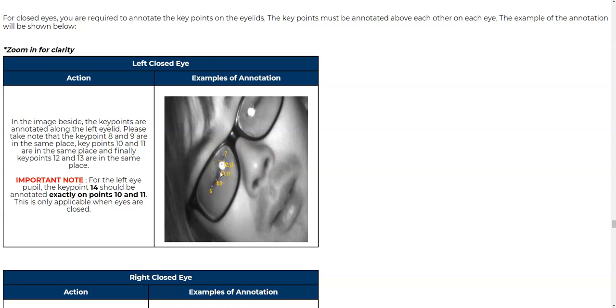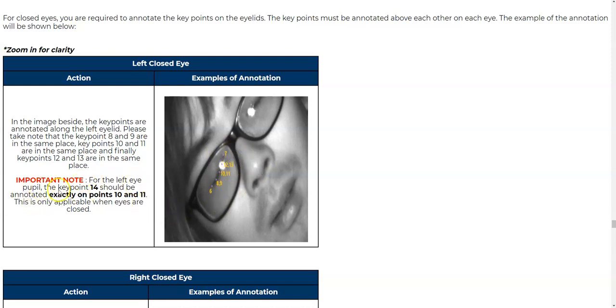Key points 10 and 11 are placed on the same place. Key points 12 and 13 are placed on the same place. Right? And as usual, the distance between key point 6 and 8, key point 8 and 10, key point 10 and 12, key point 12 and 13 should be equal.